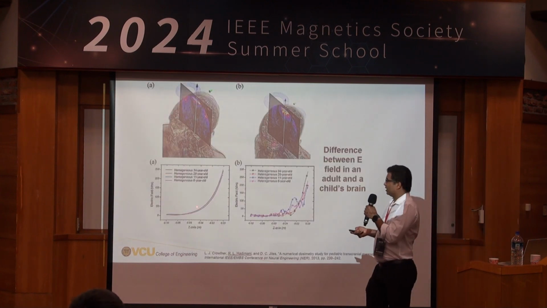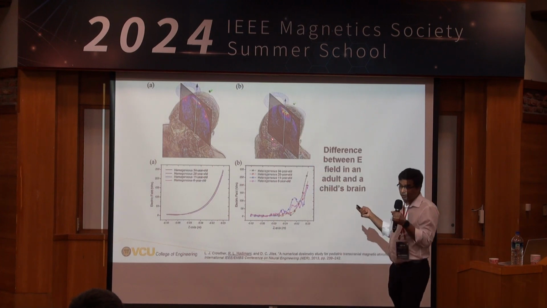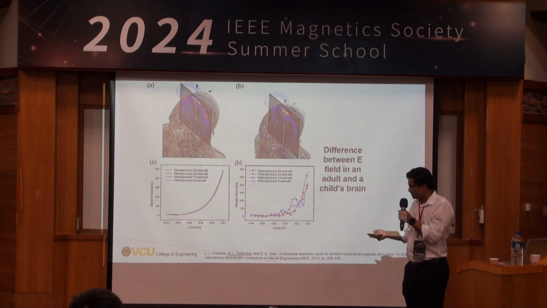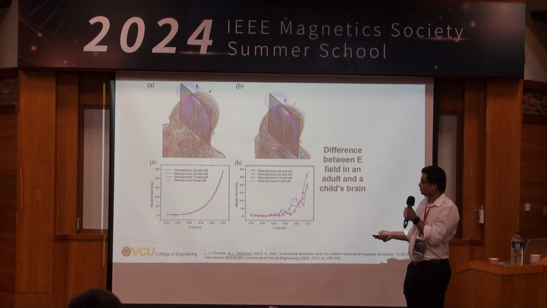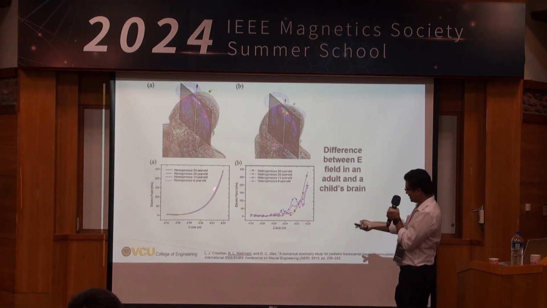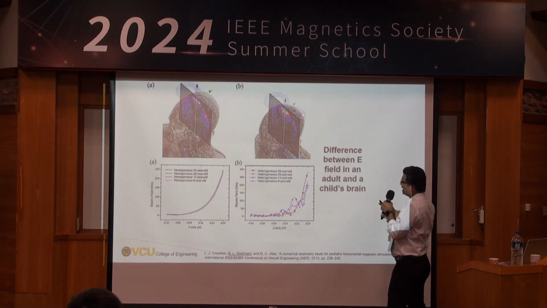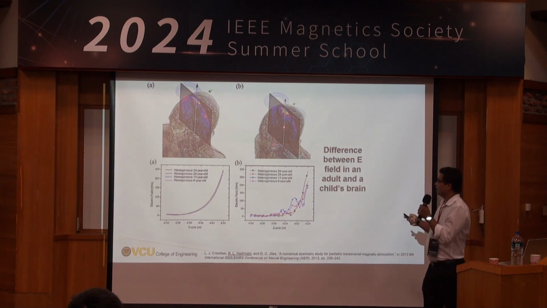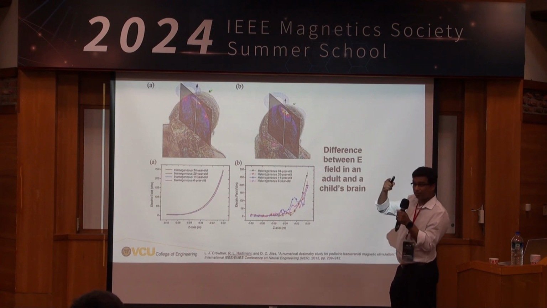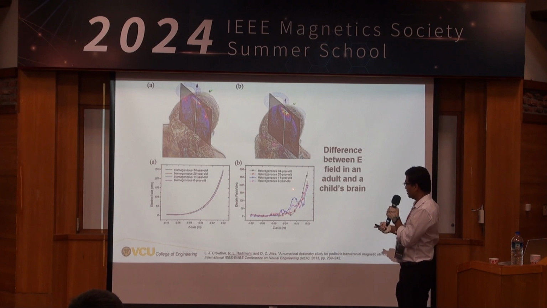Now here are different head models. If you use just a homogeneous head model, the standard anthropomorphic head model, and look at the E field along the z-axis, it decays rapidly, homogeneously, a nice decay. Whereas these two are both heterogeneous head models. This one is from the standard anthropomorphic head model that you saw in the previous slide.